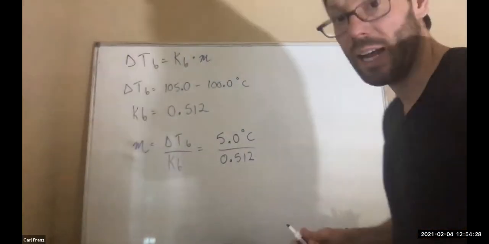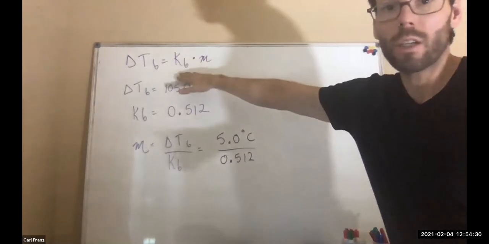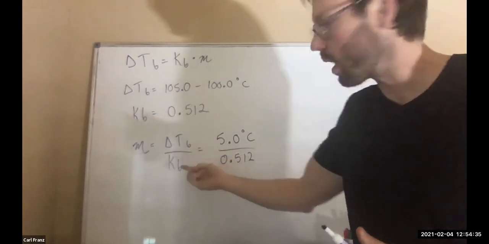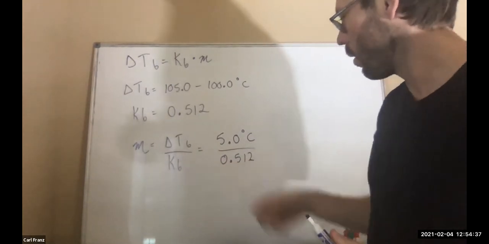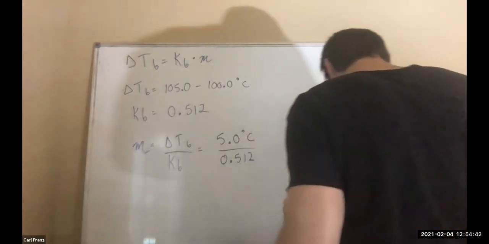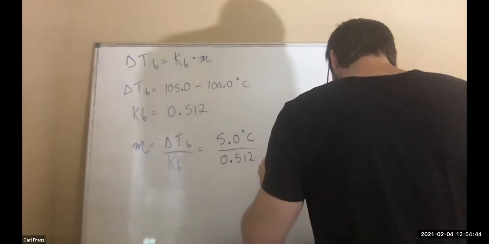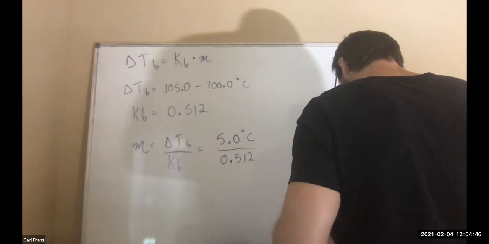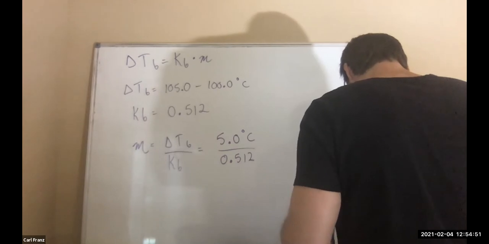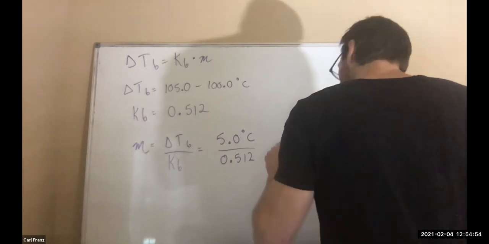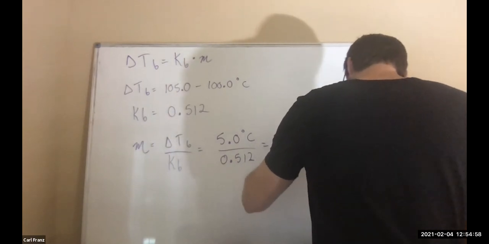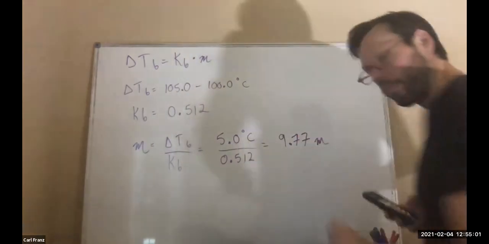So we can rearrange this equation to get molality by itself and say molality is equal to change in temperature over the constant. And so that's 5.0 over 0.512. If we divide that out, 5 divided by 0.512, I get 9.77 as our molality, okay?